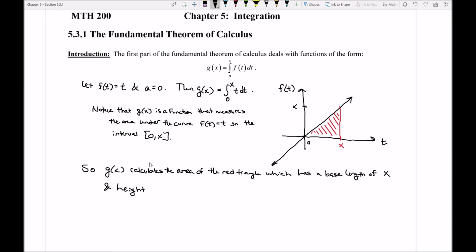That was my formula for this function. So it also has a height of x.